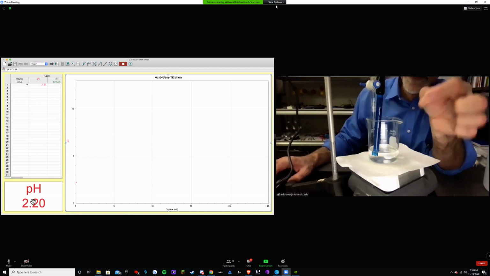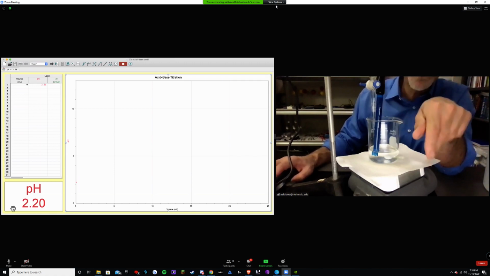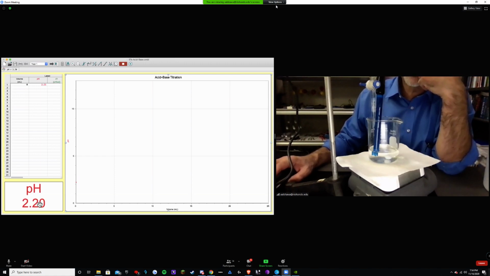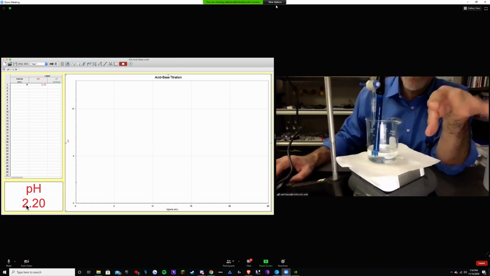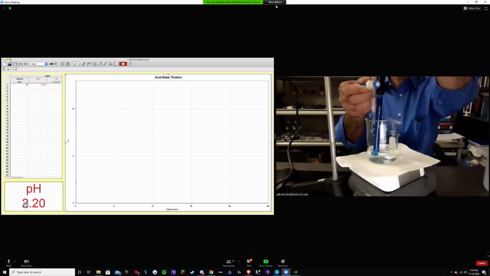By adding a single droplet of the base, it'll shift that number from, let's say, 6 to 11 or 12. It's a sizable jump, so I'll watch out. I'm going to drag that number up until somewhere around 5 or 5.5, and then I'll slow down, going dropwise. But first, I want to add a sizable amount. Let me add a little bit.